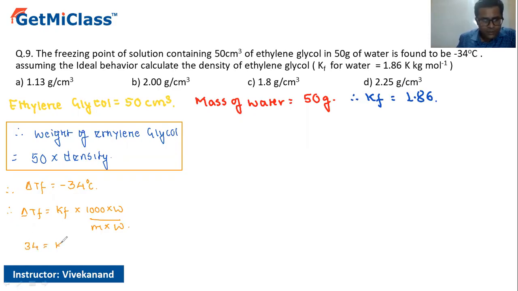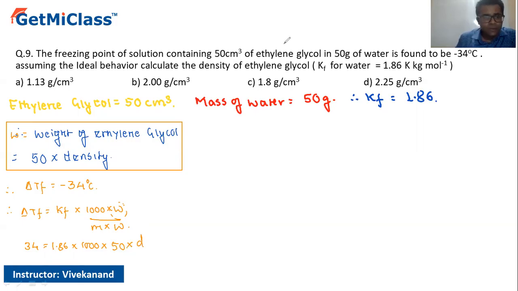34 is equal to Kf into 1000 into W. Kf value we already have, so I would like to erase this. Now Kf value is 1.86, into 1000, now into 50. That is nothing more than the weight, which we are going to use: 50 into the density.